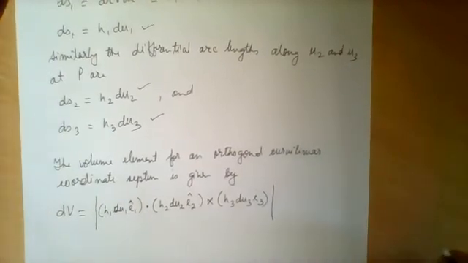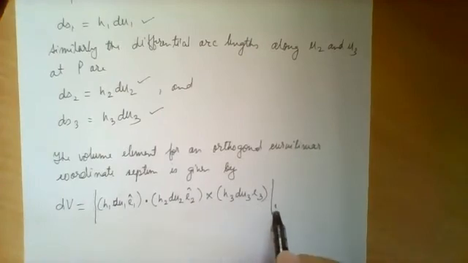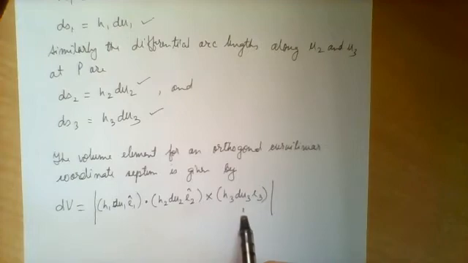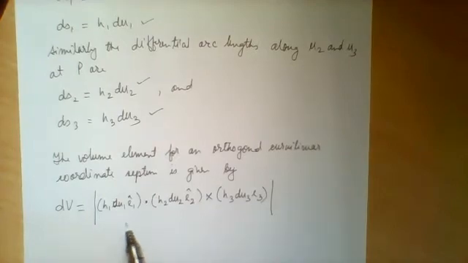This scalar triple product will give you a scalar quantity, and this quantity can be either positive or negative. But since volume is a positive quantity, you should take the modulus.